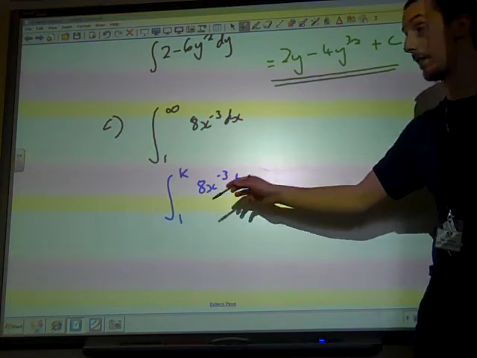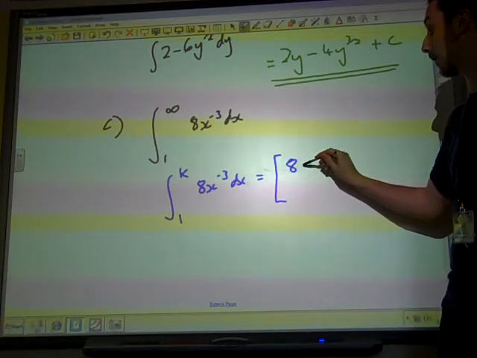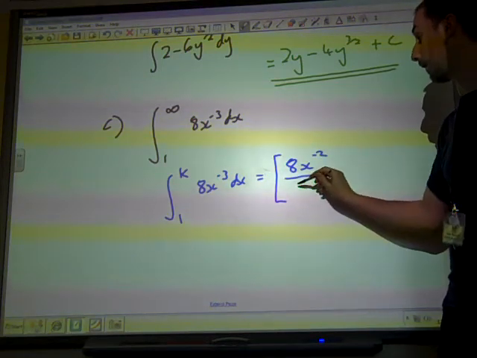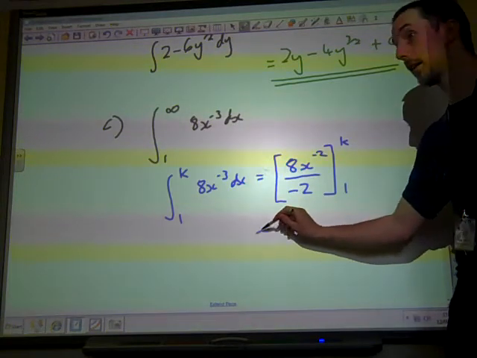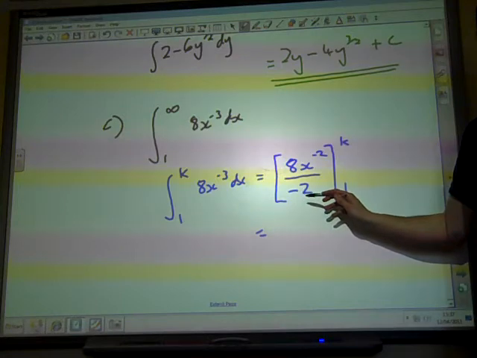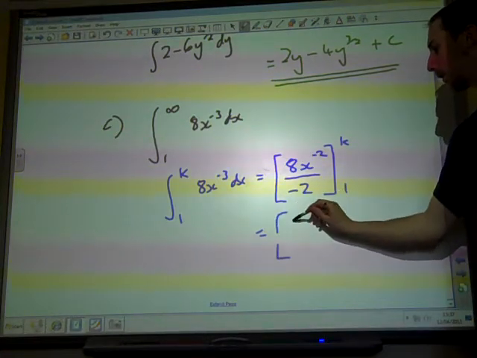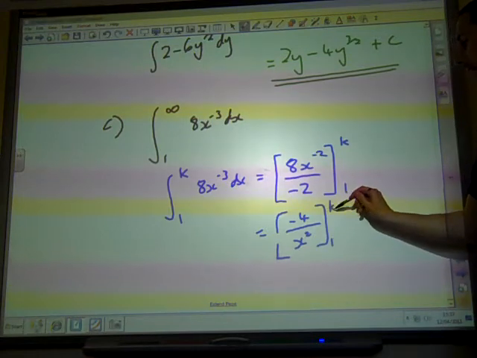So we integrate it: add 1 to the power, divide by the new power. We've got 8 divided by minus 2, which is minus 4, over x squared between 1 and k.